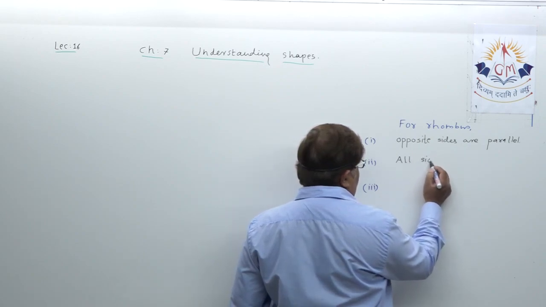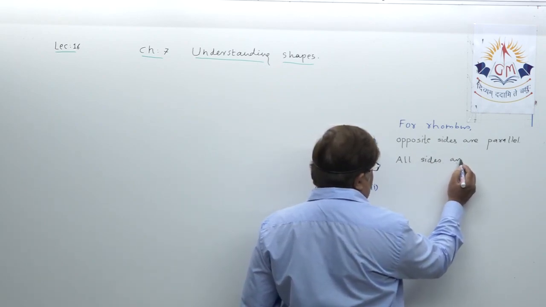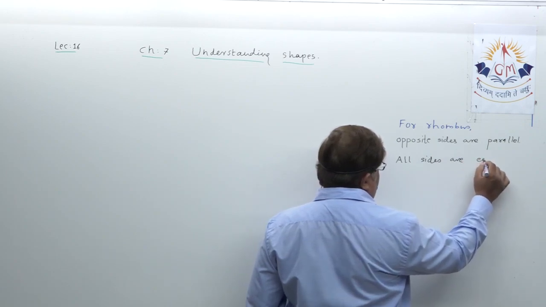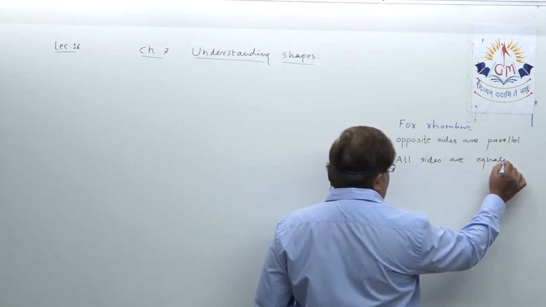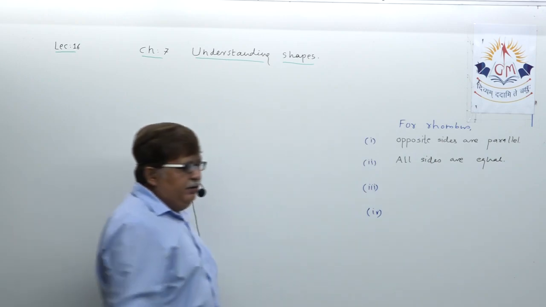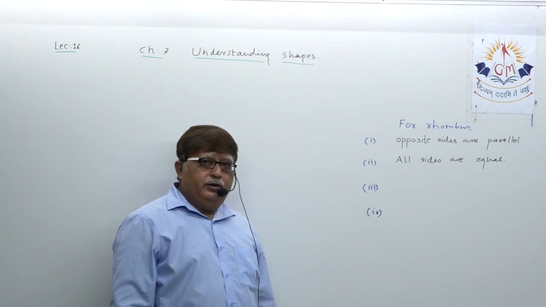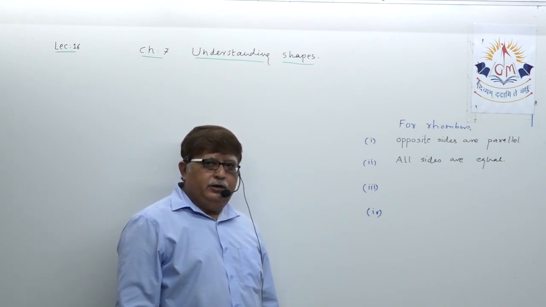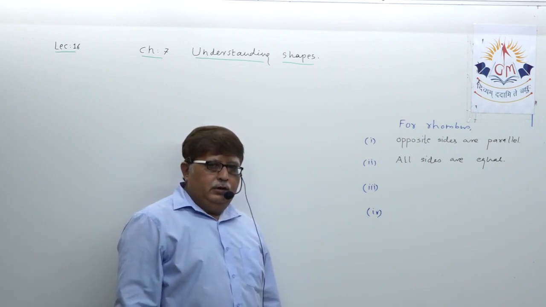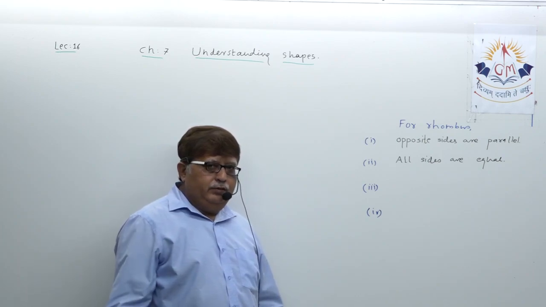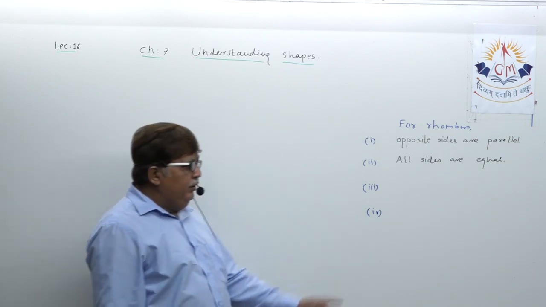Next, all sides are equal. Understand? All sides are equal. I may utilize somewhere the word congruent also. That implies the same meaning. Either you speak all sides are equal or all sides are congruent, it conveys the same meaning.